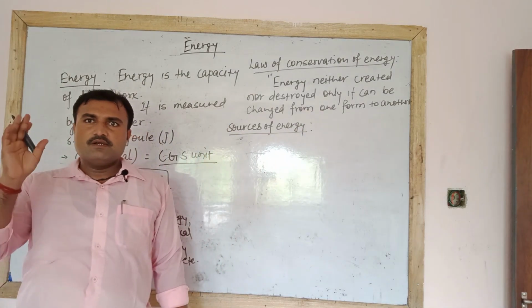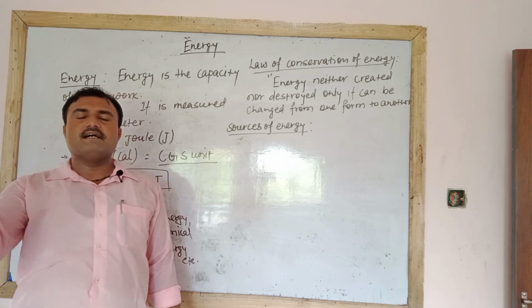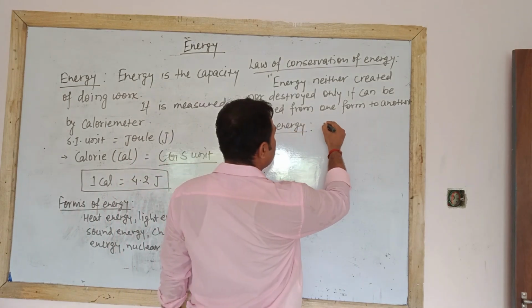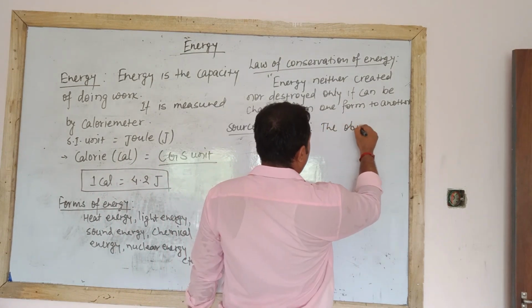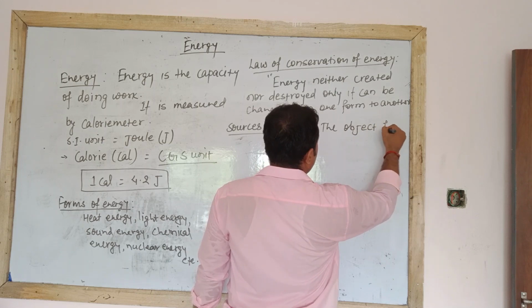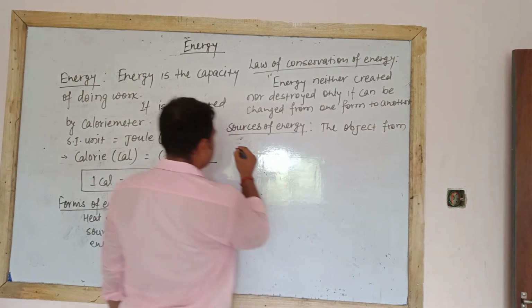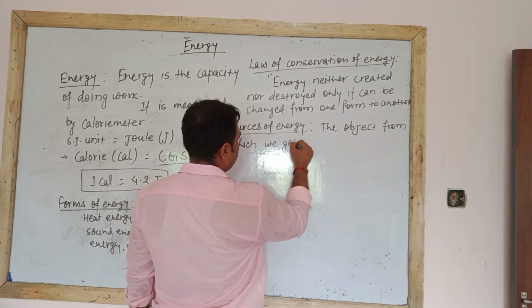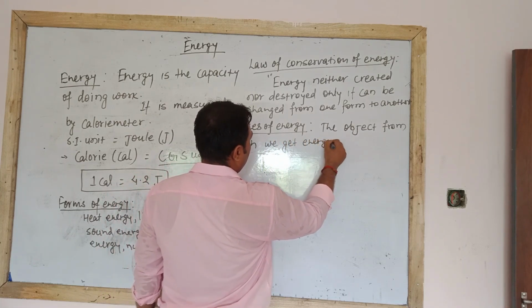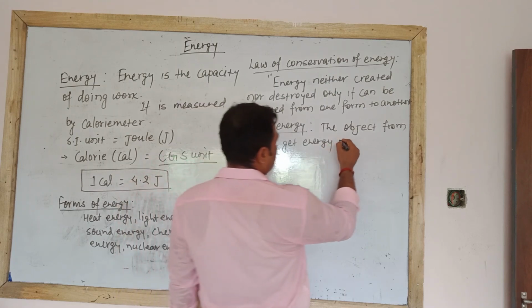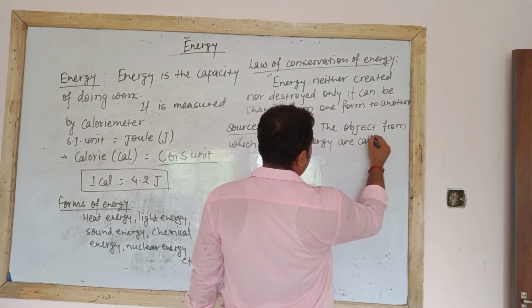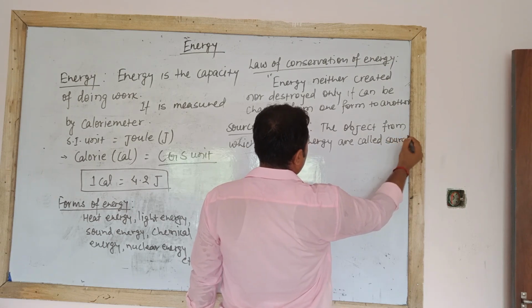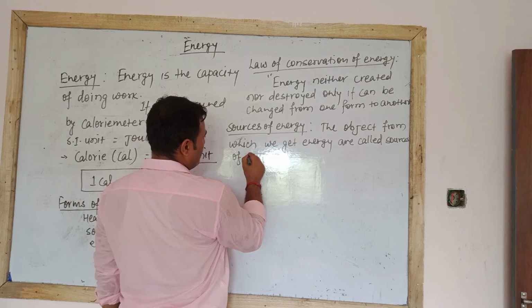The objects from which we get energy are called sources of energy, and we define it like this: the objects from which we get energy or we produce energy are called sources of energy.